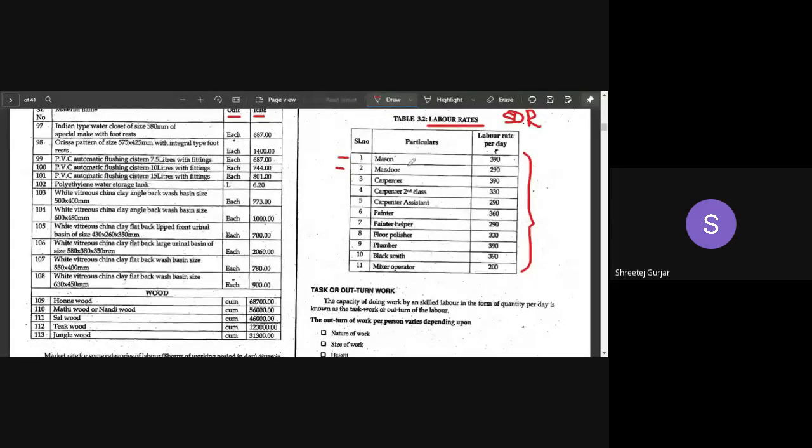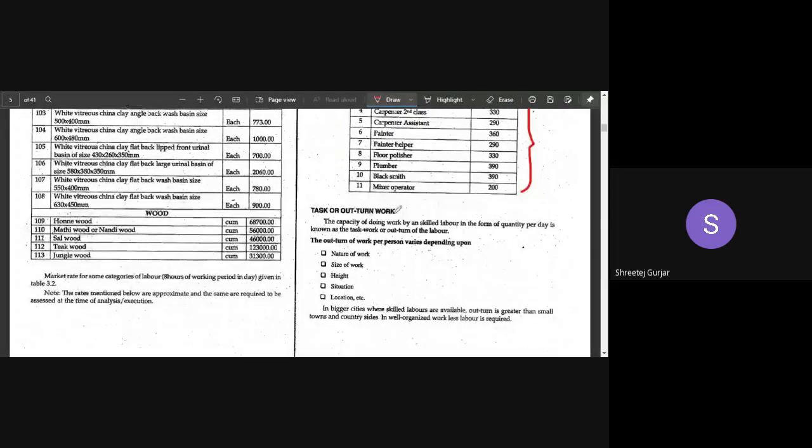You can remember 390 per day is the labor rate for a mason, and 290 per day is for a mazdoor. Then we have various others like head masons, bishti, and beldars. We will learn all those in detail as we move on in the chapter.